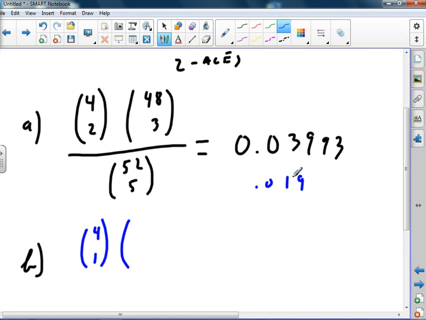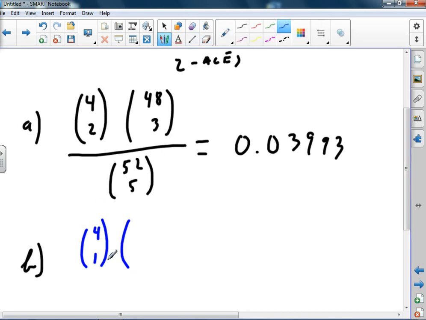That guy has one ace, that guy has one ace, that guy has one ace, that guy has one ace. There's a better probability that I'm going to get one ace than there is for two. So the chances of me having an ace are going to be higher than me having two aces, right? Yeah, so that's why I can't divide that answer by 2. That wouldn't make any sense.